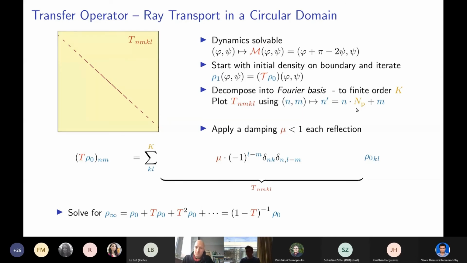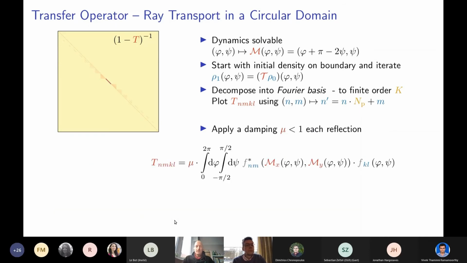So if you choose NP to be the number of basis functions available to your second degree of freedom, to psi in that case, you can write down a mapping like that, and then you get a 2-dimensional plot like that. Now, this is how the inverse of 1 minus t would look like. It is still rather sparse, but looks more complicated than what you started with. And this matrix then can be used to calculate this infinite sum down here.